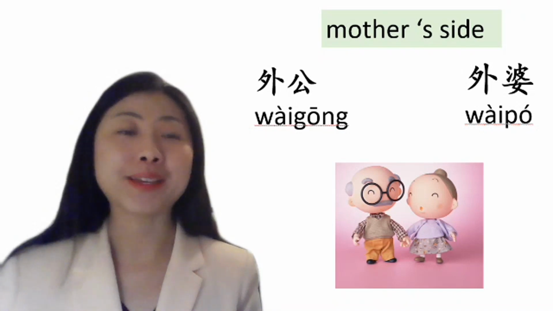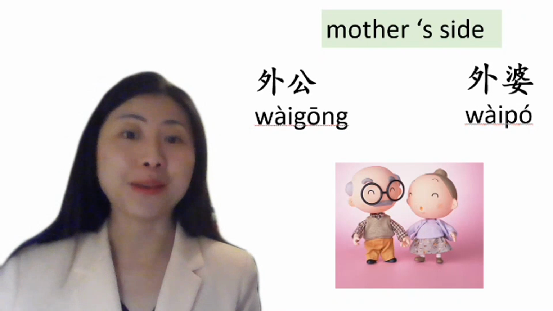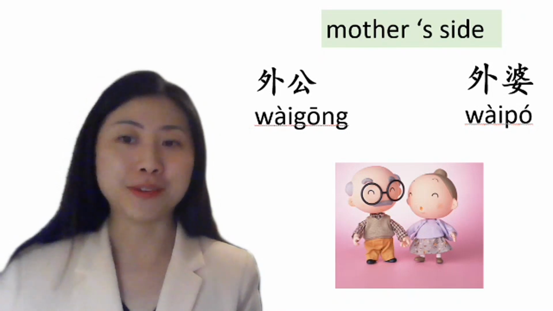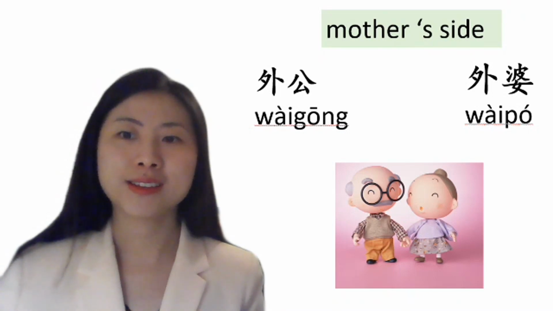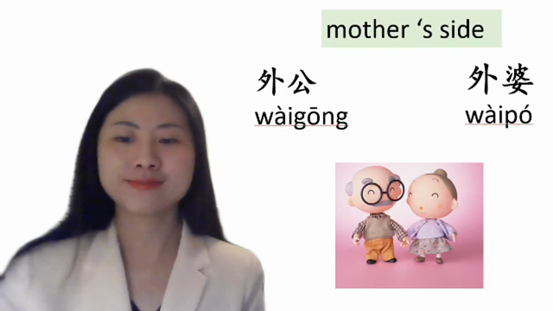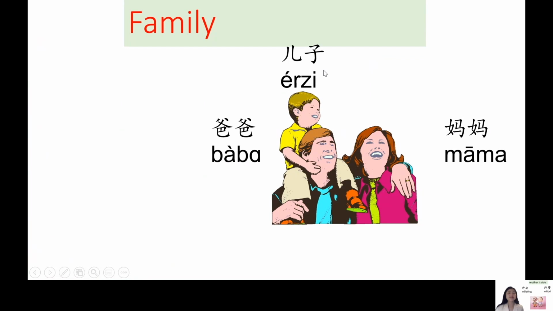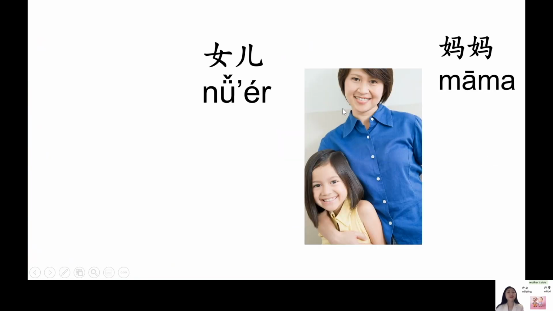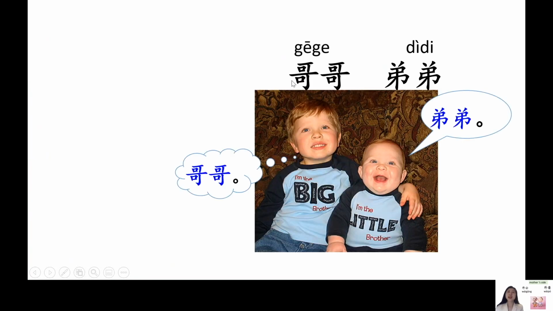外公，外婆. Now, let's review. 儿子，爸爸，妈妈，请跟我说. Please say with me. 妈妈，女儿, daughter. 哥哥，弟弟. They are the son.